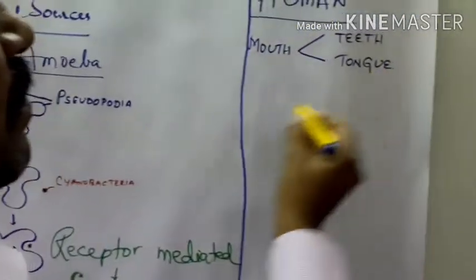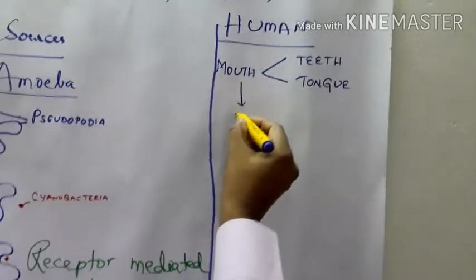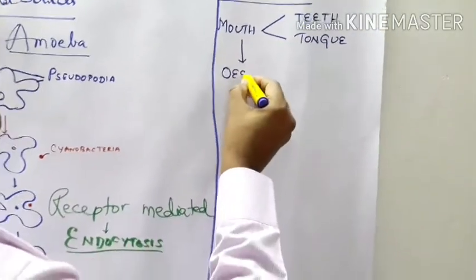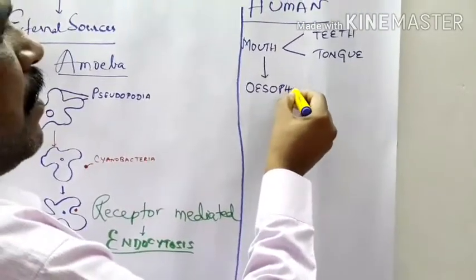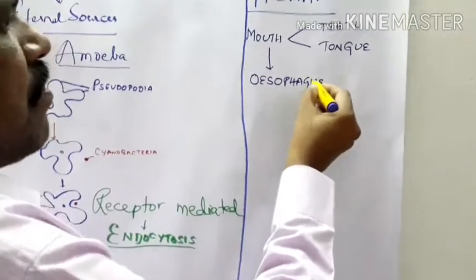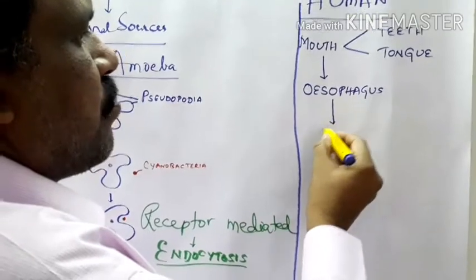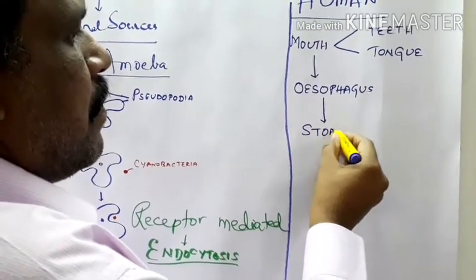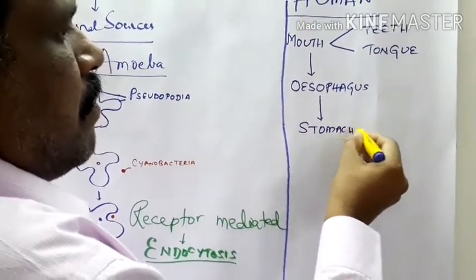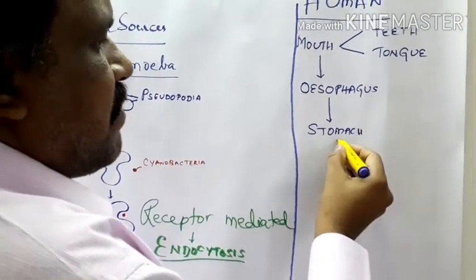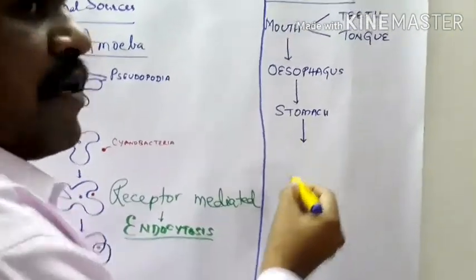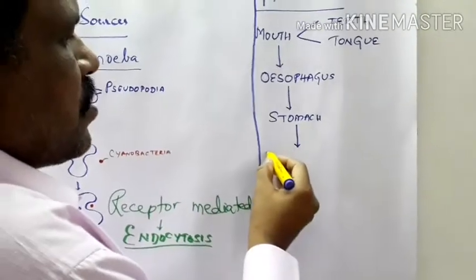Next, the food enters into the esophagus. It is a long tube, called the food pipe. From there, it enters into the stomach. After the stomach, it passes into the small intestine.